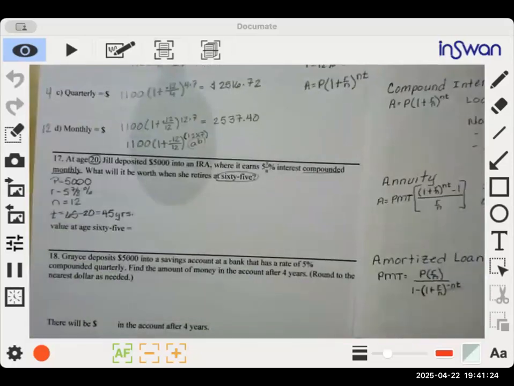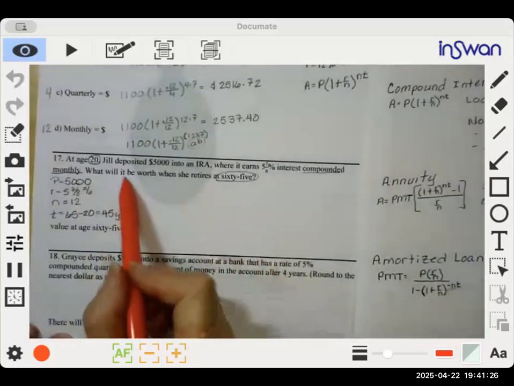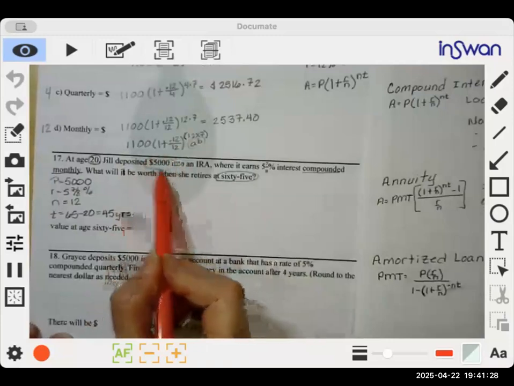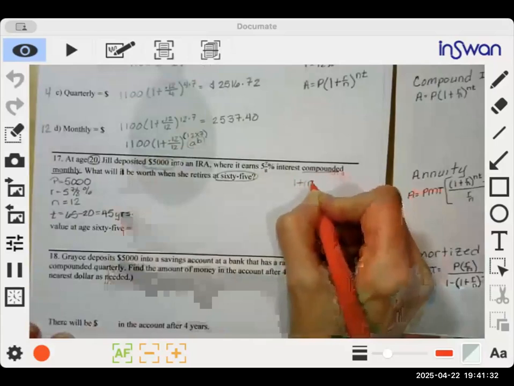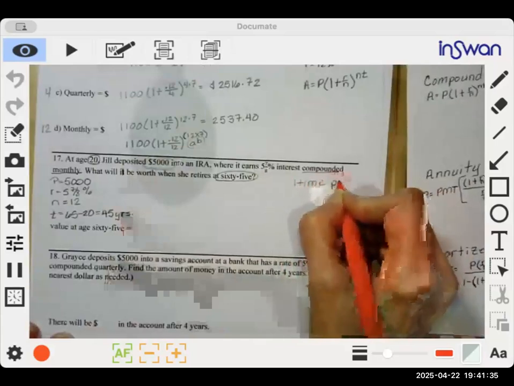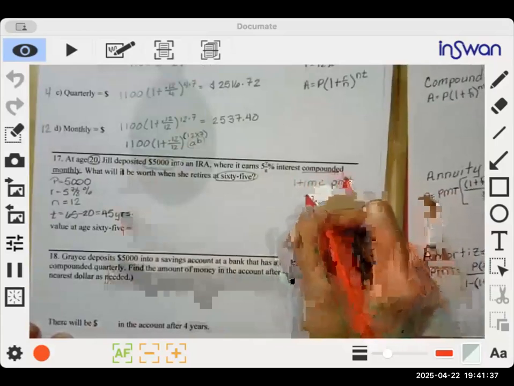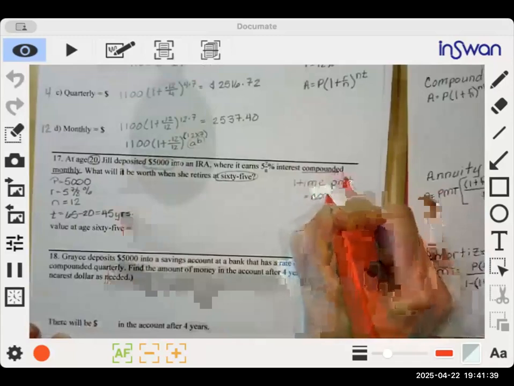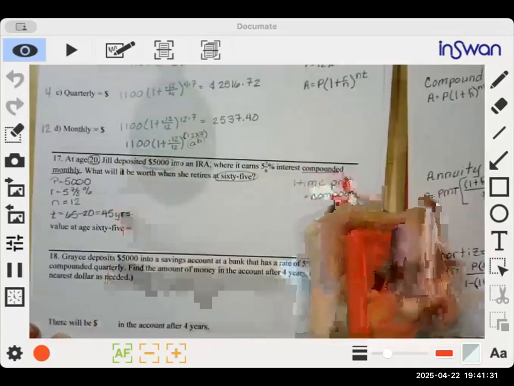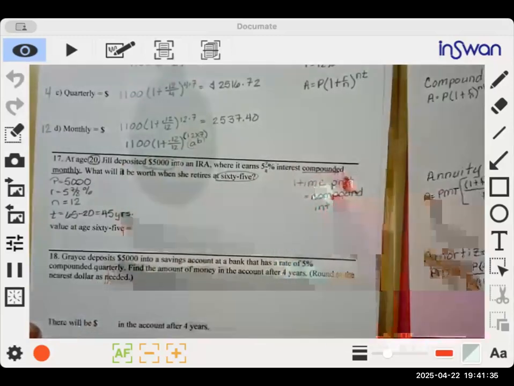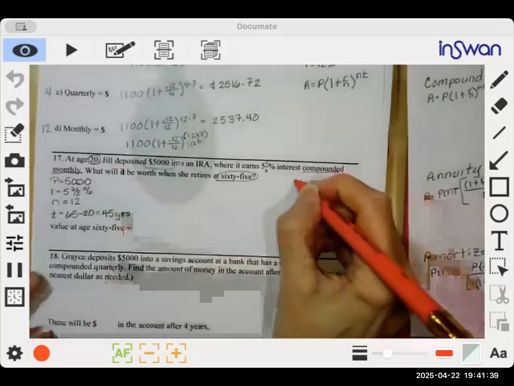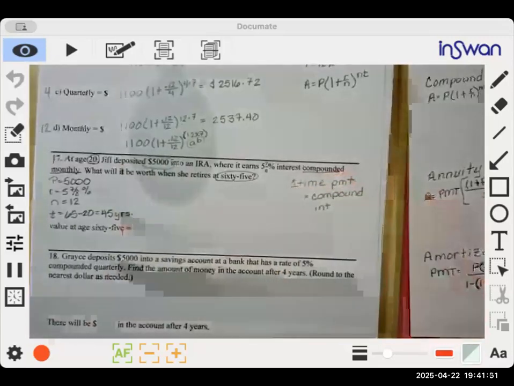Did that make sense? We're only putting money into the account at one time. So that means it's compound interest. Okay, I've got a light bulb on now. Okay, good. That's why we're doing this.